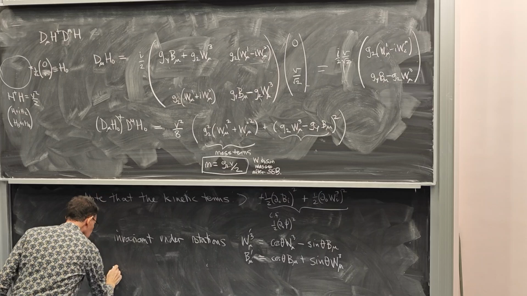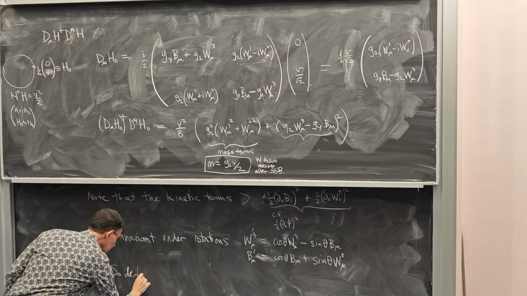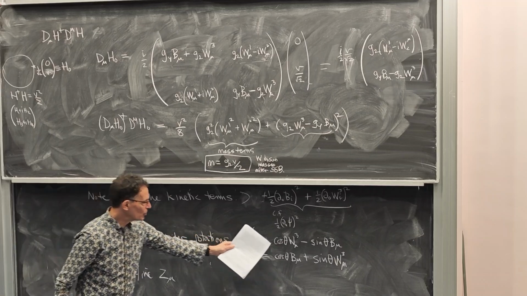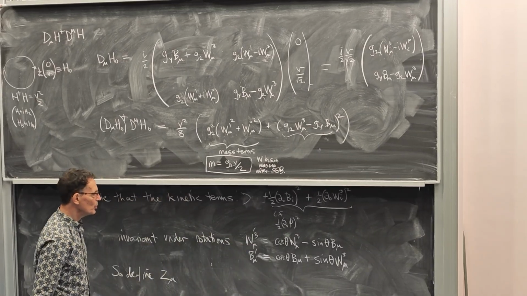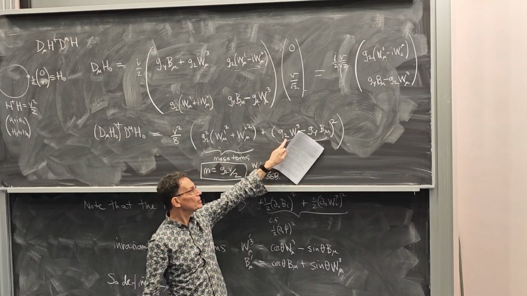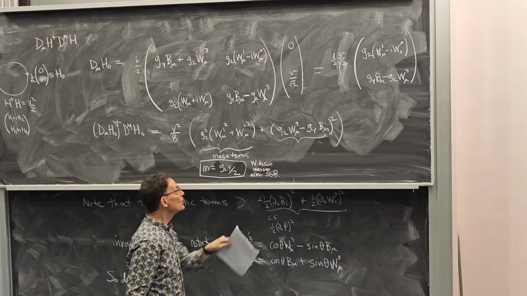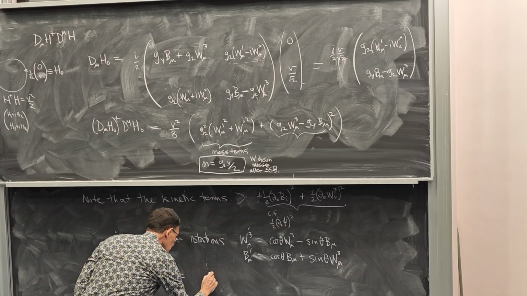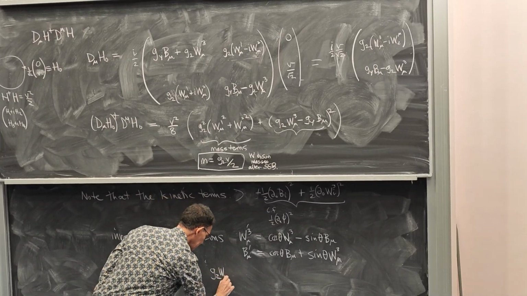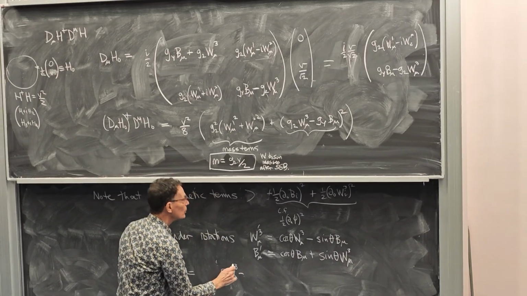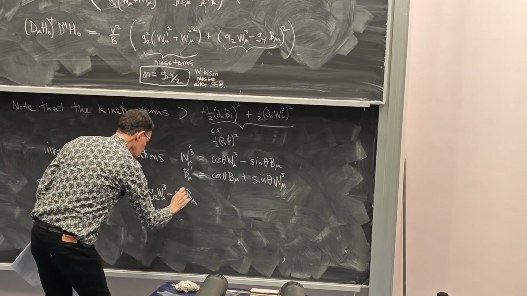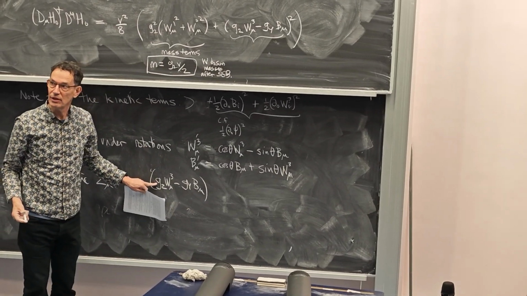Okay, so define Z mu to be a rotated version of W mu 3 and B mu, which is proportional to exactly this. So we say Z mu is equal to G2 W mu 3 minus GY B mu.